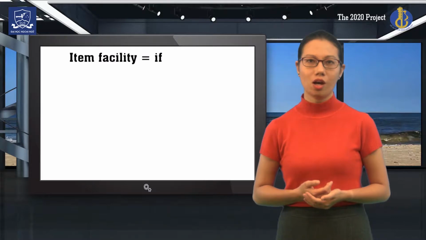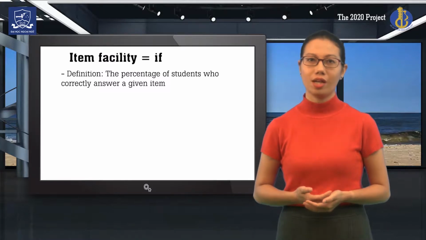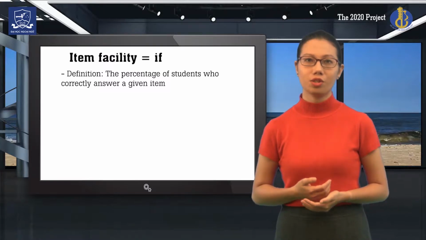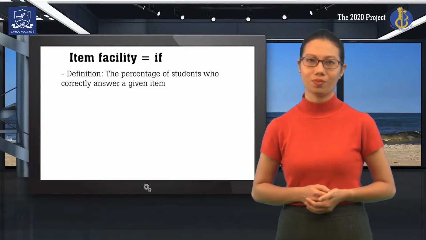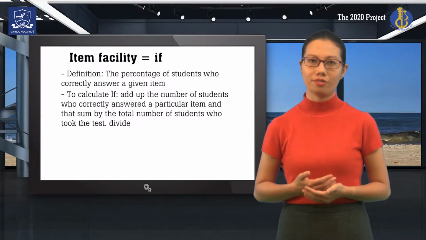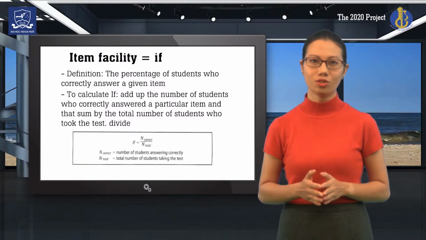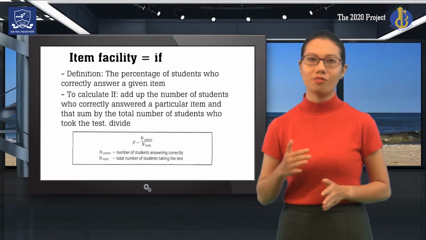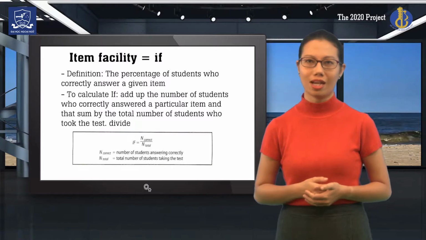Item facility, also called item difficulty, item easiness, or simply IF, is a statistic used to examine the percentage of students who correctly answer a given item. To calculate IF, add up the number of students who correctly answered a particular item and divide that sum by the total number of students who took the test.